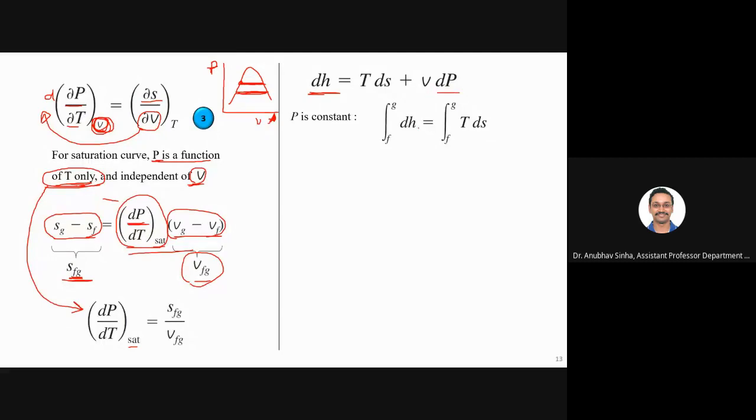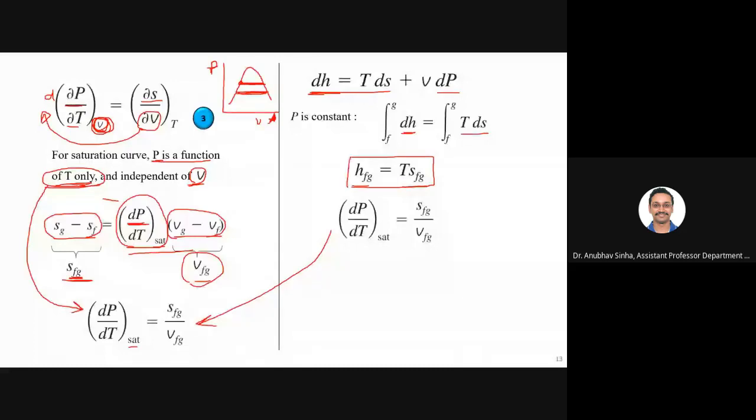So I can write dH equal to TdS, and integrate from liquid to gas, where F stands for liquid. dH will be HFG and TdS will be T SFG. If you integrate with these limits, this is what we get. So we had this relation from here, and this is what we get from integrating this. So we have two relations.